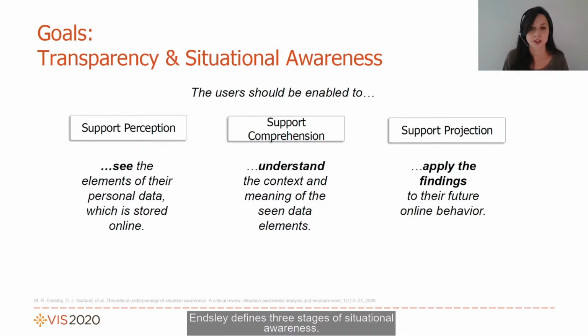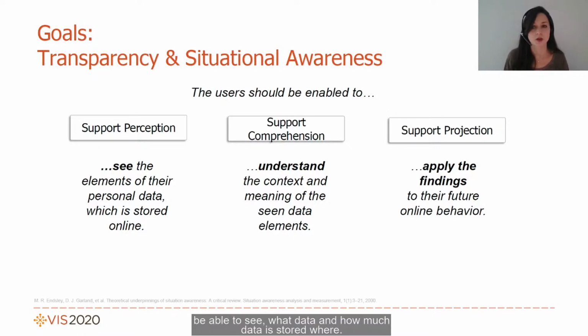Endsley defines 3 stages of situational awareness, which we have used to define our goals. So, the first goal is to support perception. In the context of personal data, that means the user should be able to see what data and how much data is stored where.